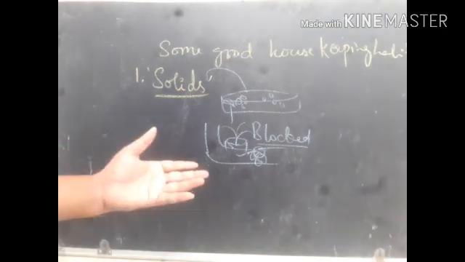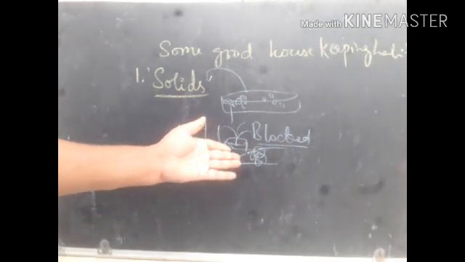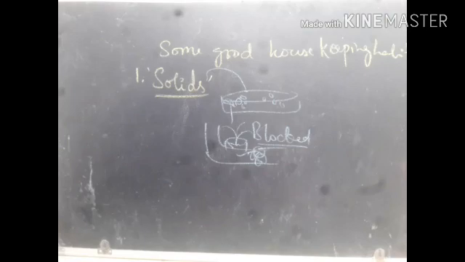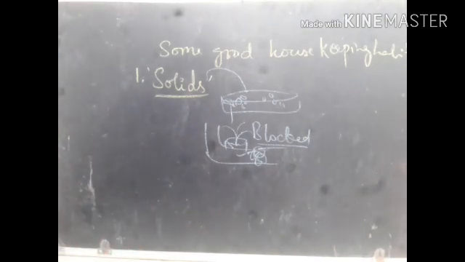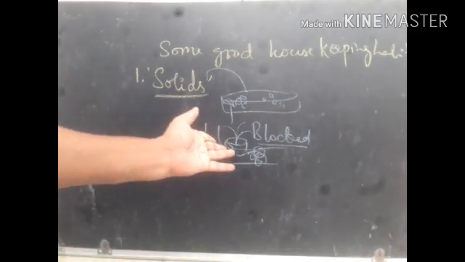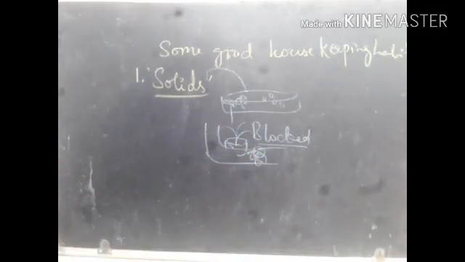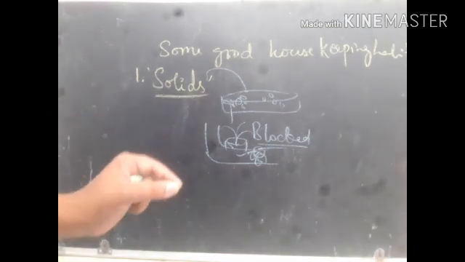So when sewage is flowing in the drainage pipeline, it causes obstruction. This blockage causes overflow of the drainage pipeline, and the drain water flows in the locality and spreads diseases. So we should not throw solids here.